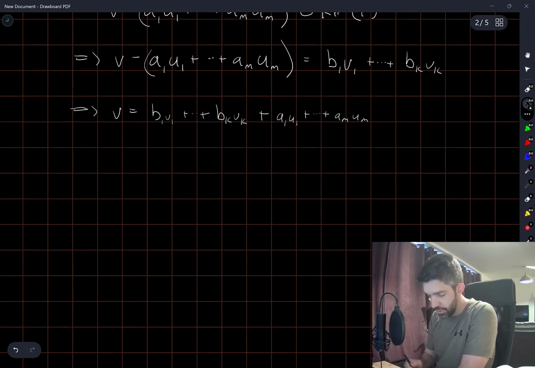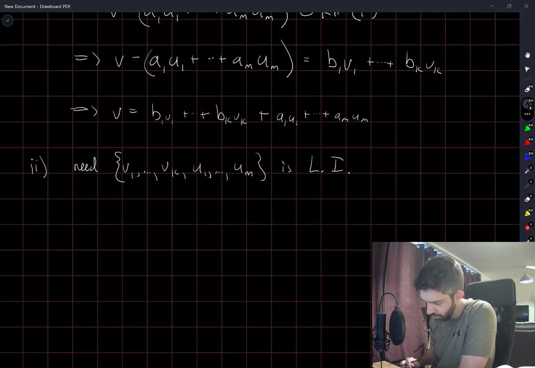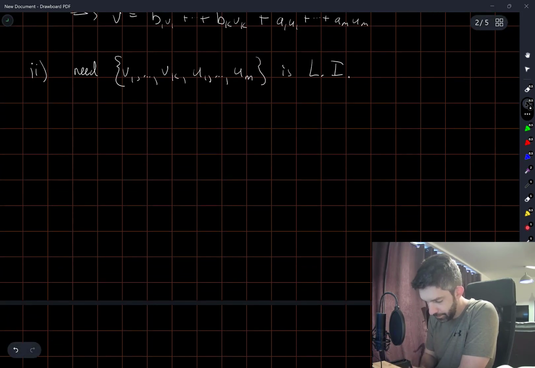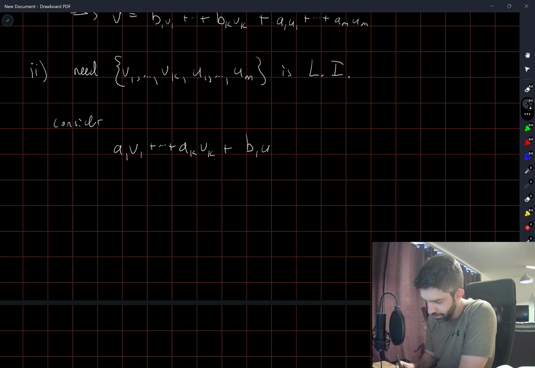The next thing I need to show is that this collection of vectors is linearly independent. We're going to consider something similar, the sum of A1 V1 up to AK VK plus B1 U1 up to BM UM. Suppose that equals 0. I'm going to take T of both sides.